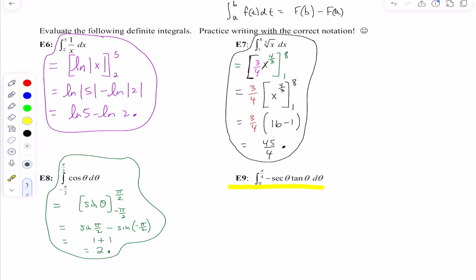The antiderivative for this next function is the opposite of secant of theta. And I'm still going to use the bracket notation. Notice I factored out the -1 from the bracket already, and that will easily allow me to find a difference of the accumulation values.